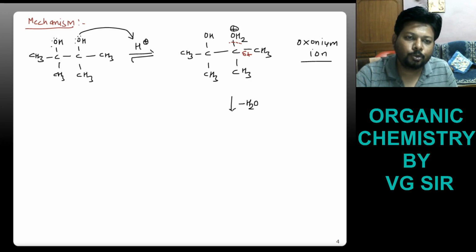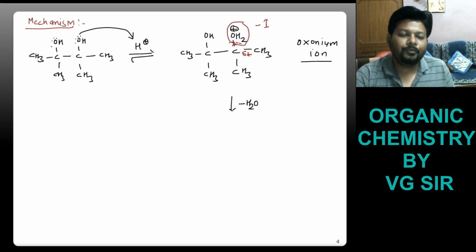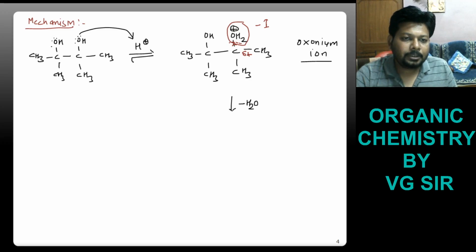The reason is that due to a full positive charge on the oxygen atom, it will pull electron density towards itself. That is, this OH2 group is imposing a negative inductive effect. That's why this carbon is developing a partial positive charge. And if you look clearly, this carbon is attached to three carbons, so it is a 3-degree potential carbocation.